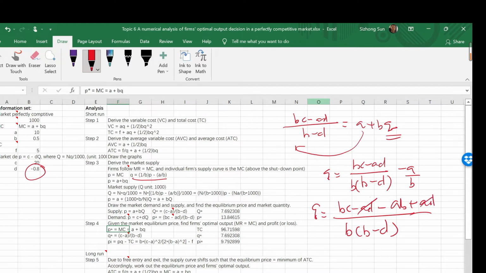AD cancel out, and we have B as a common term here and here, so this B cancels out. So C minus A divided by B minus D. So we get the equilibrium quantities.